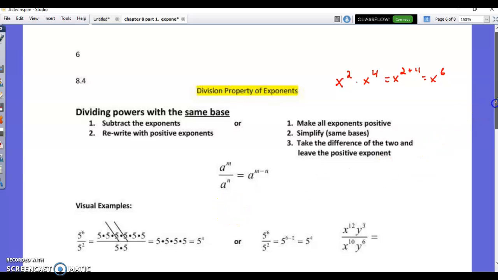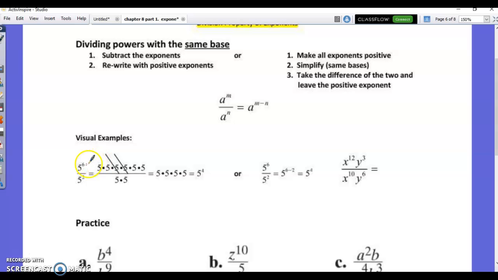A visual example of how this looks, 6 minus 2 equals 4, but if I have 6 5s up here and I have 2 on the bottom, these cancel out with these, leaving me with 4 on the top, right? But we can just think of it as the top number minus the bottom number. And this will help us out, especially when these are negatives to begin with. We'll just do the subtraction first, and then we'll switch them to positive exponents at the end.